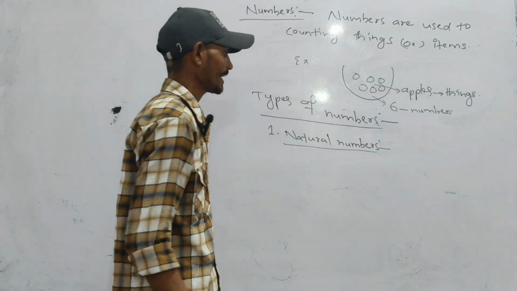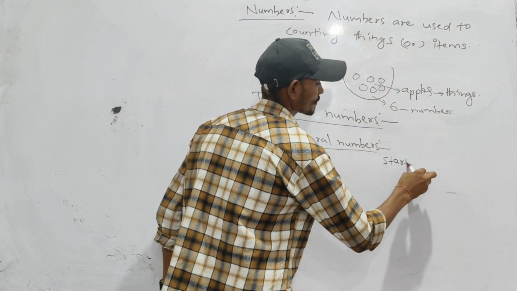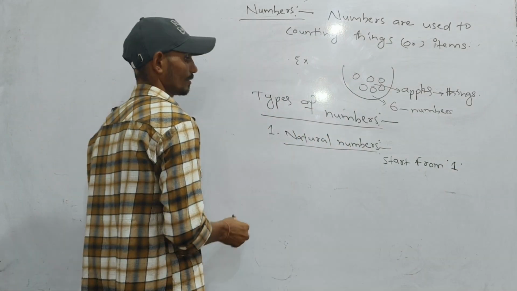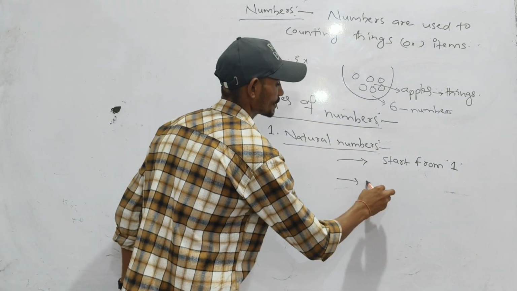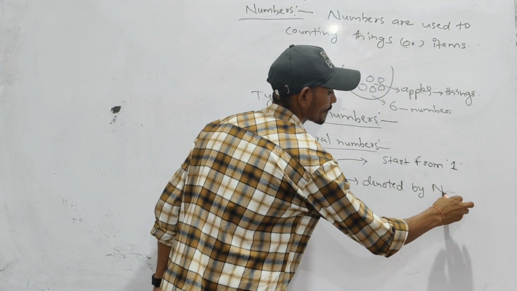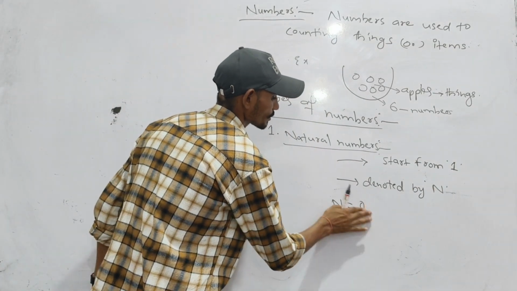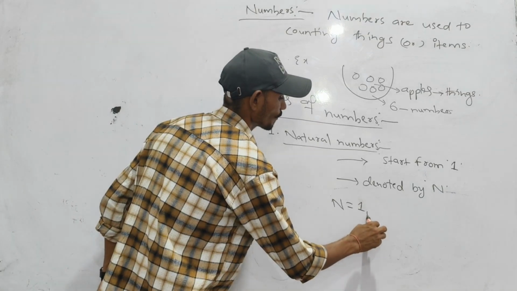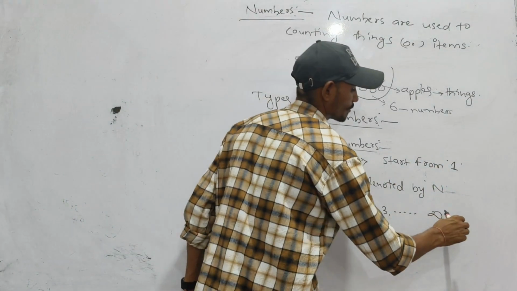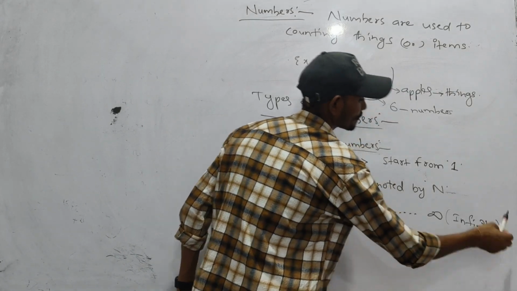Natural numbers start from 1, and natural numbers are denoted by capital N. So capital N is equal to 1, 2, 3, and so on. This is the symbol of infinity.